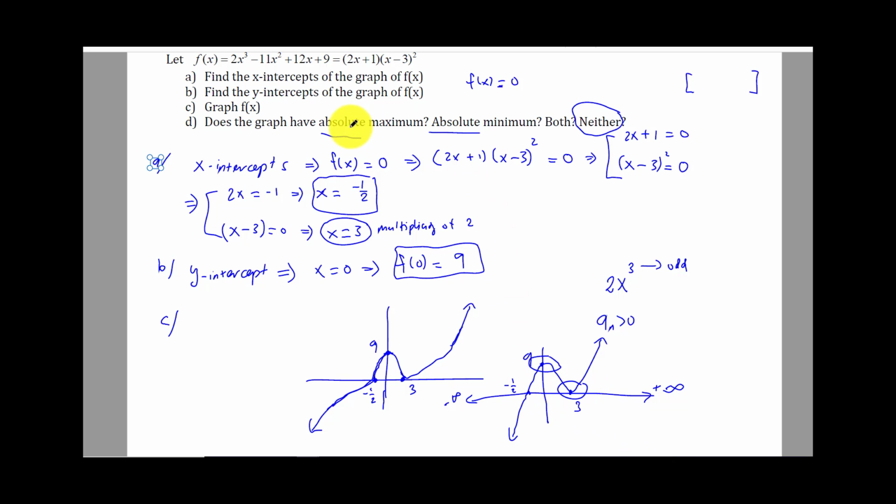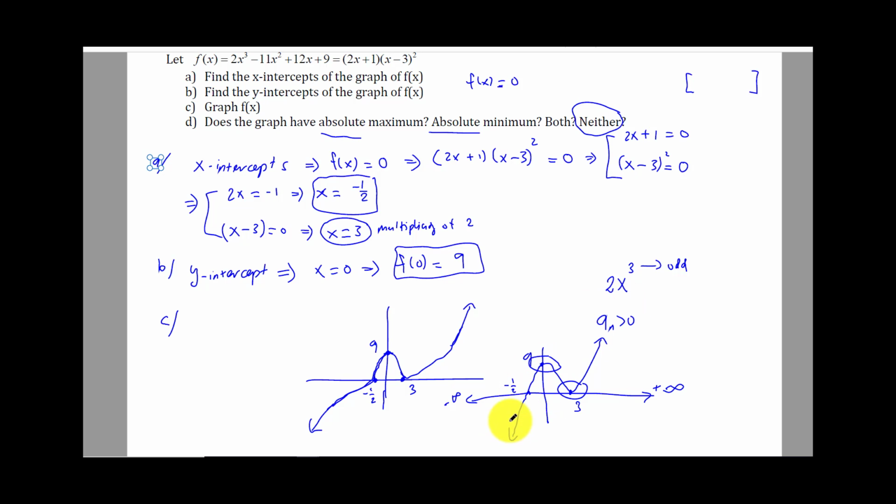not the absolute ones, because the absolute max is the maximum value of the whole function on all the x-axis, and the absolute min is the minimum value for the whole thing. But because we go all the way to positive infinity to the right, and the function keeps increasing forever, we don't have the max value.